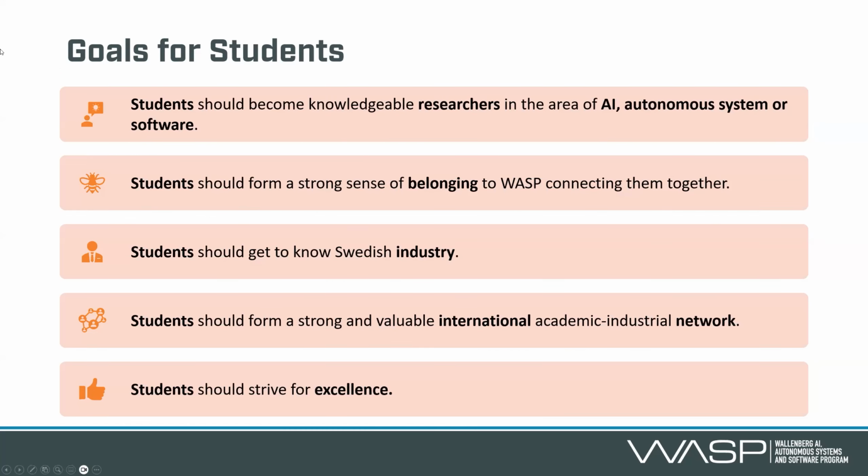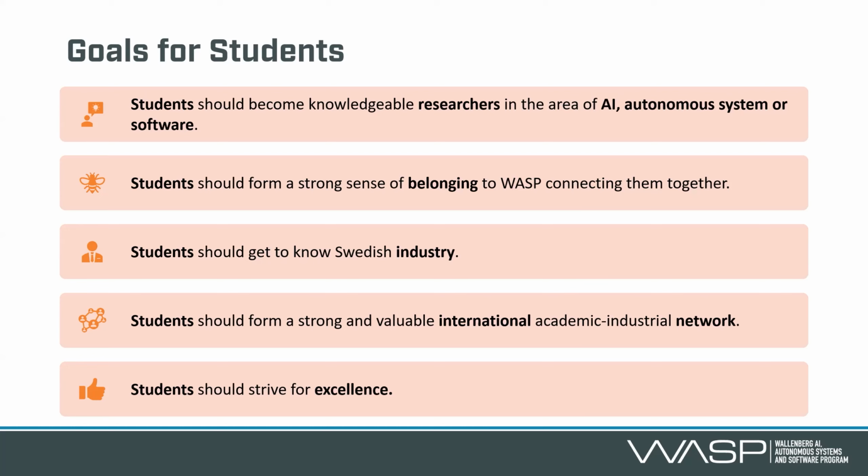So the goals for the students are to become knowledgeable researchers in the relevant areas of WASP, which are AI, autonomous systems, and software. The students should form a strong sense of belonging to WASP, connecting them together, and that's why networking and social activities are also an important part of the WASP program.